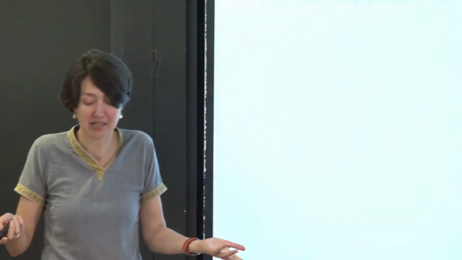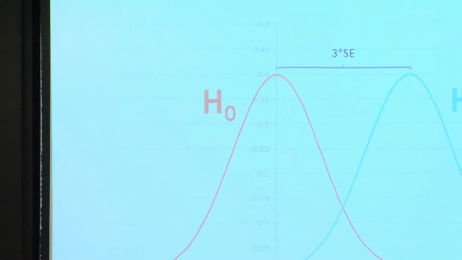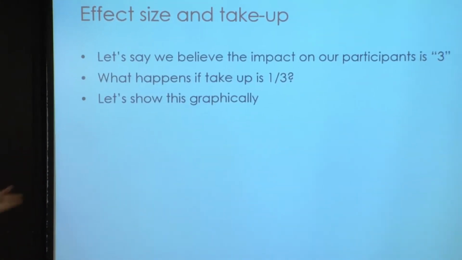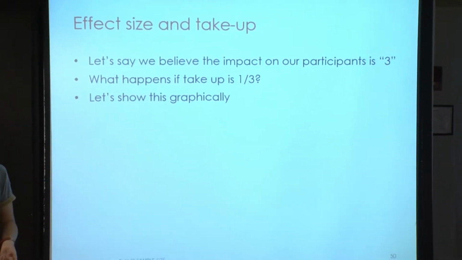So even if the people who take up the program experience a massive effect, if very few people take up the program amongst those we're surveying, then that's going to have a negative effect. So if the effect size for our participants is 3, if only 1/3 of people take it up, then we're back to a 1 effect size, right?